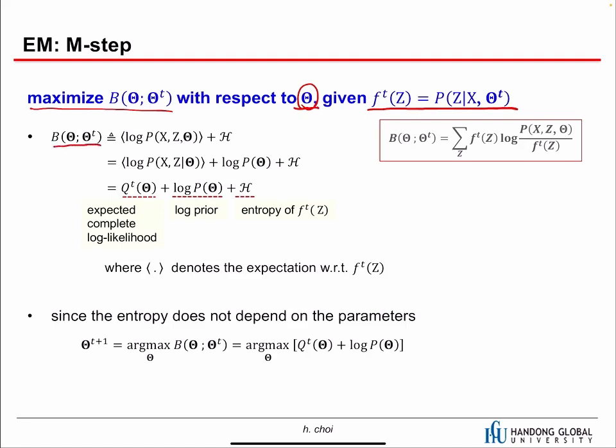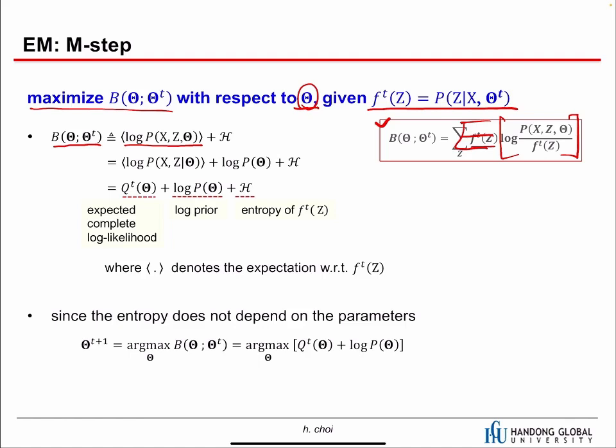So the lower bound B is actually the expected complete log likelihood. Look at this one. This one is the lower bound, and this one is probability. So this one is the expectation of this term.